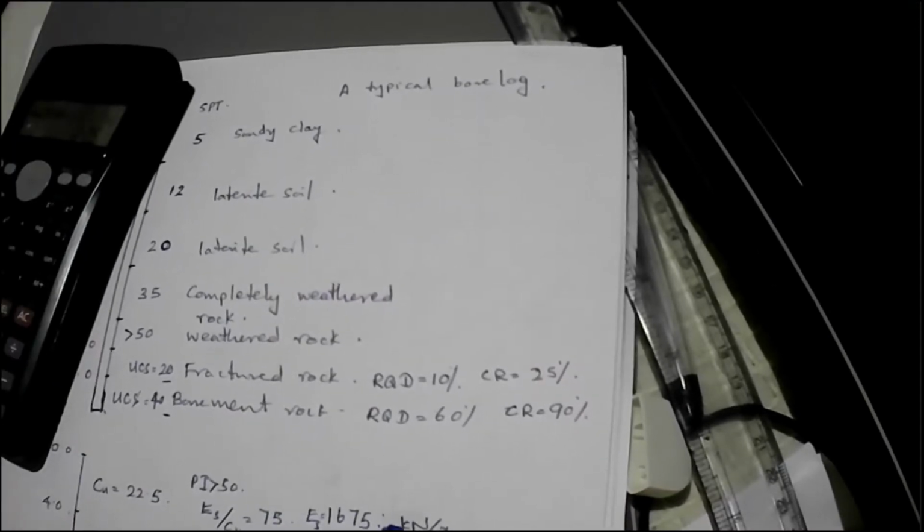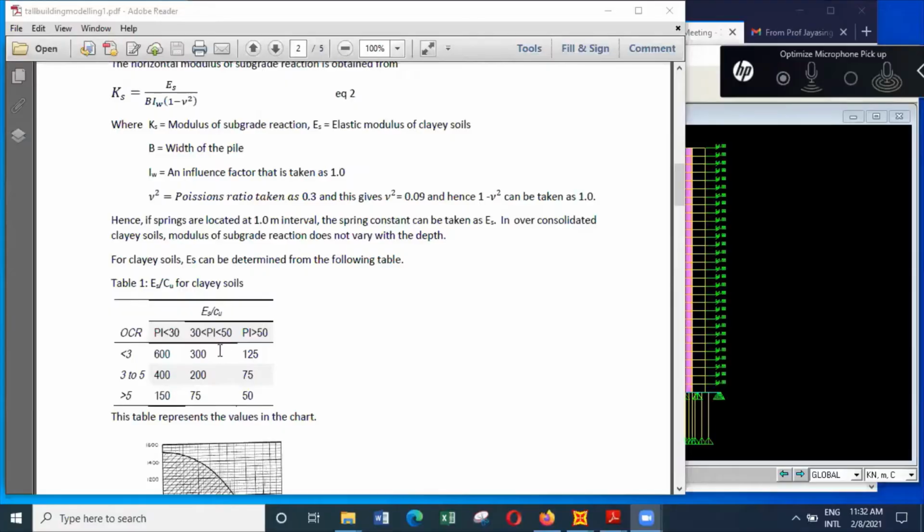And if you look at the table, you see that we are having very weak soil with over consolidation ratio of 3 to 5.